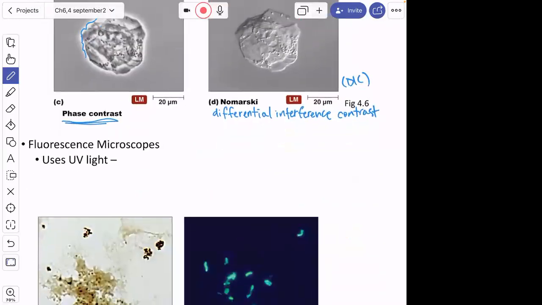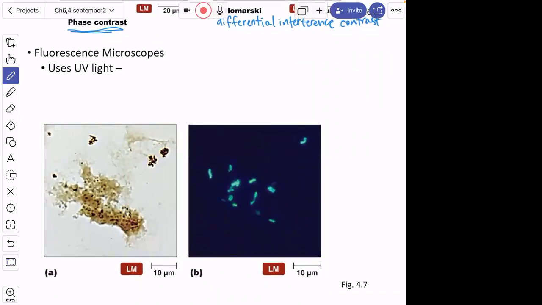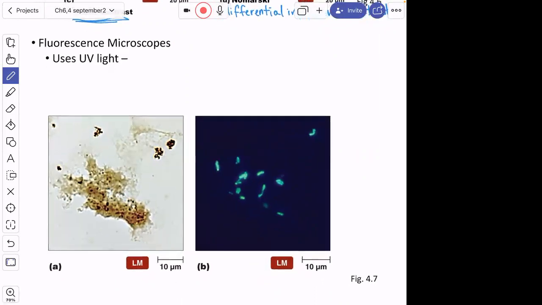All right, what if we are using something other than visible light? With fluorescent microscopy, we're actually using ultraviolet light and fluorescent dyes. So we're using dyes that only fluoresce when you hit them with ultraviolet light.